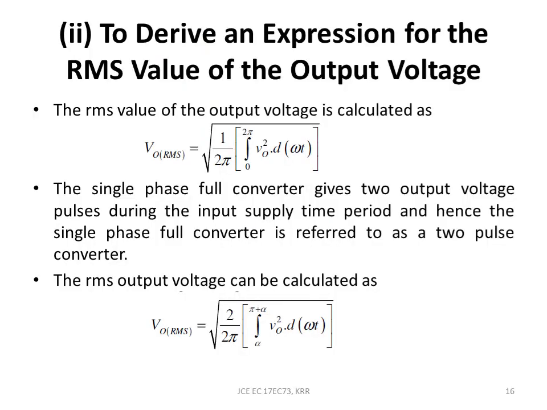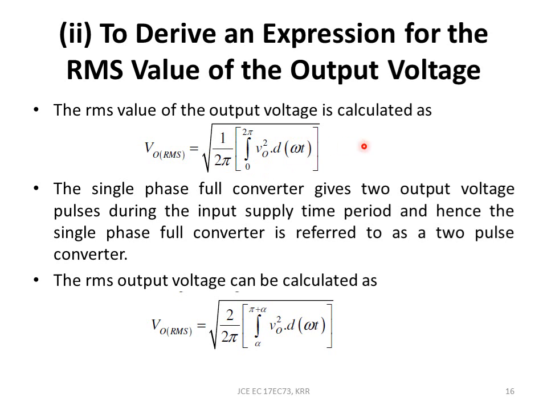Now let us continue with the derivation. As we have evaluated the output average voltage and the output RMS voltage for the semi converter, here for the full converter, let us also now evaluate the RMS output voltage. We know the typical RMS output voltage formula, which is given as V naught RMS under the root sign 1 upon 2 pi, inside the bracket integration 0 to 2 pi V naught square d omega t.